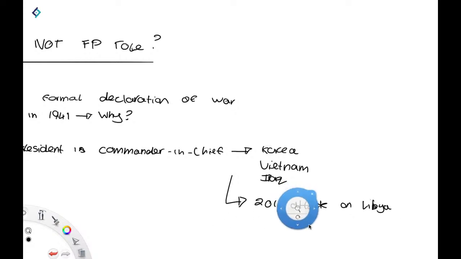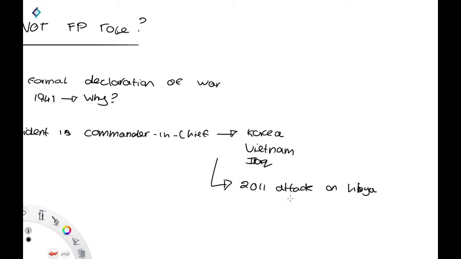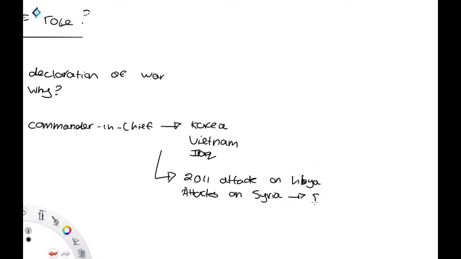We've also got the attacks on Syria. You could even go as far as February 2021. It seems like only last week that the Biden administration launched an airstrike on Syria.